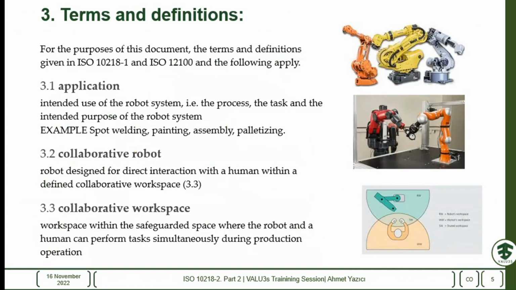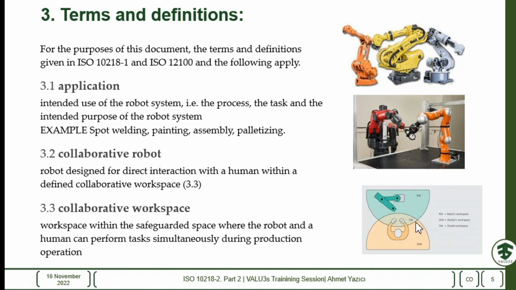There are some terms and definitions that need to be understood in this standard. As you know, there are very different application areas. We already mentioned the collaborative robot, which has some interaction with humans. We can define collaborative workspaces there. As you know, a collaborative workspace is a safeguarded space where the robot and human can perform tasks simultaneously.